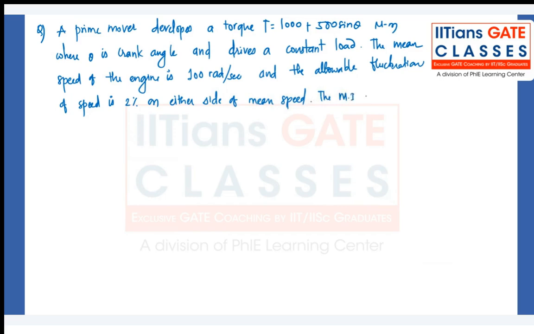The moment of inertia of the flywheel required is, okay, moment of inertia of the flywheel required is. So start solving this. They are asking the value of I. The answer is in again kg meter square.